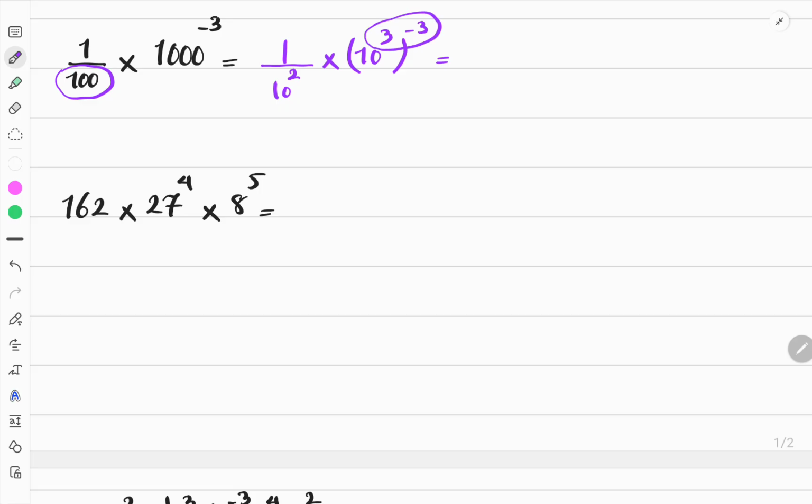Okay, 3 times negative 3 is 10 to the power negative 9, and we have 1 over 10 squared. Okay, so when bases are the same, we can write one of them and subtract exponents. So you can do this in your mind, negative 9 minus 2, which gives us negative 11.